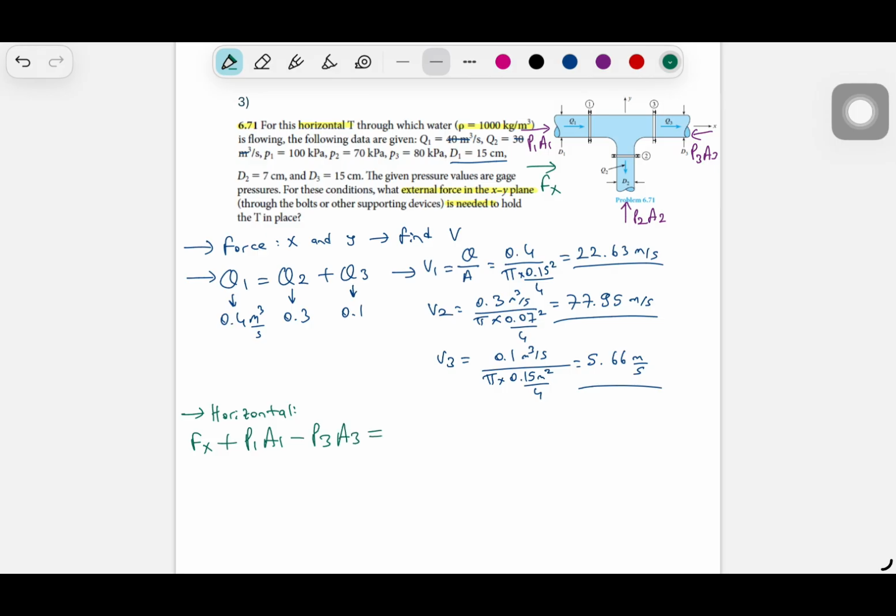So this is equal to out minus in. So we have m dot 3 V3 minus m dot 1 V1.